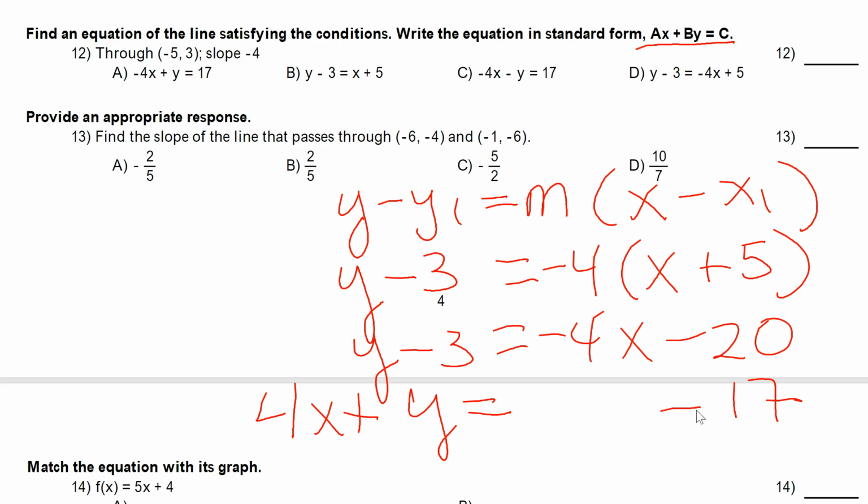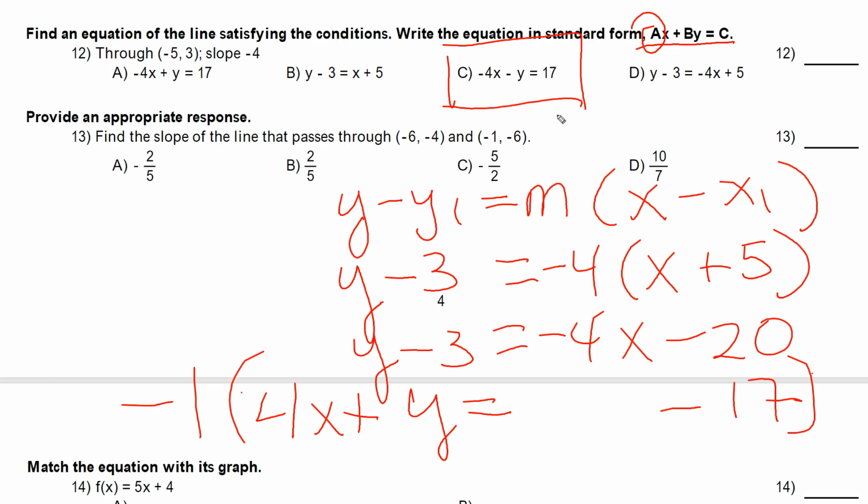Now, how could we possibly do that? Well, the key to this one, and this one was really a little tricky here, is to multiply everything in this last equation by a negative 1, which would change these two signs and then change this sign. But this is unusual because usually they want the A term positive.